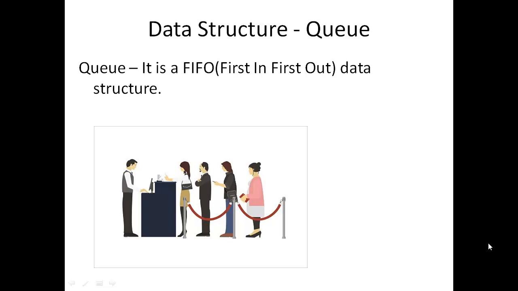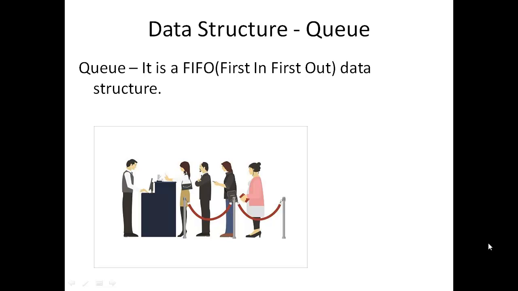When I asked you about stack, probably you were not, but queue, I'm sure each of you must have stood in a queue somewhere or the other, whether it's for movie tickets or for paying your grocery bills or whatever. So a queue is nothing but a FIFO data structure. First in, first out.